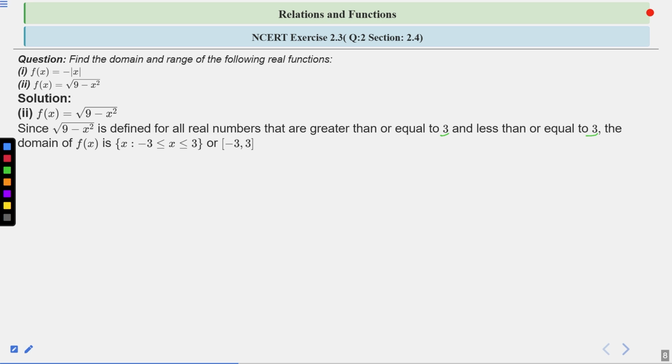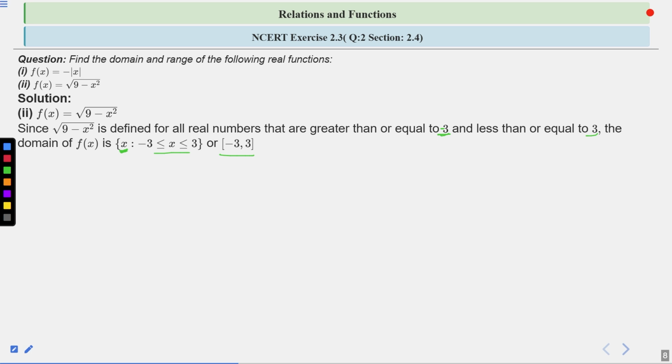So the domain is simply the set in which x must be greater than or equal to minus 3 and less than or equal to 3. Or in interval terms, it will be the closed interval minus 3 to 3.